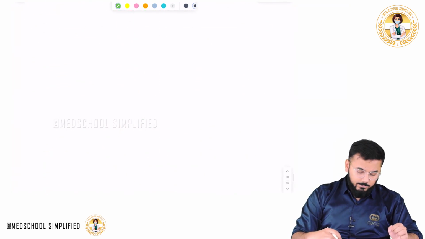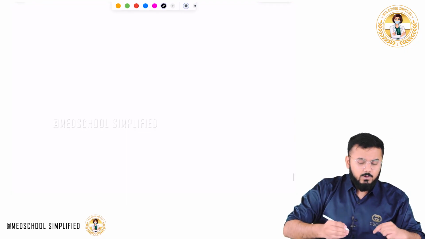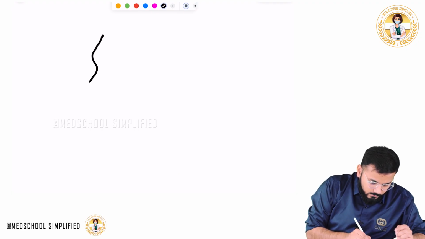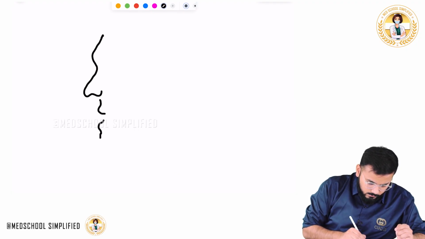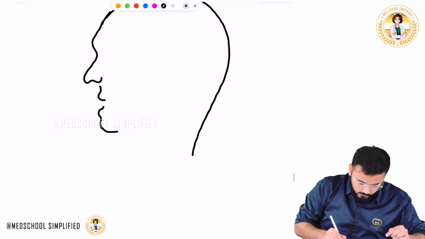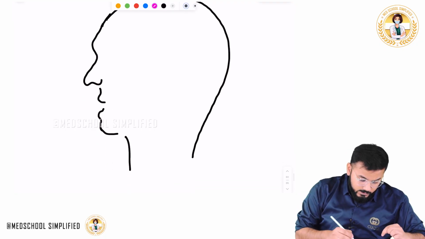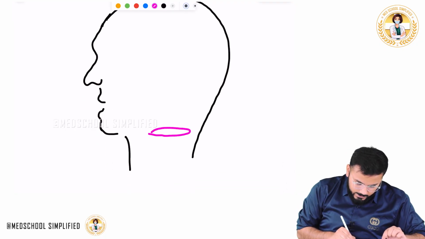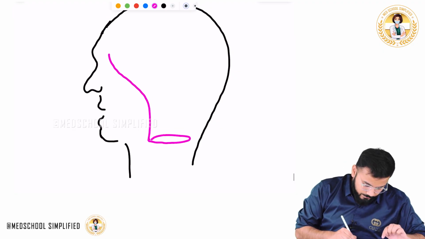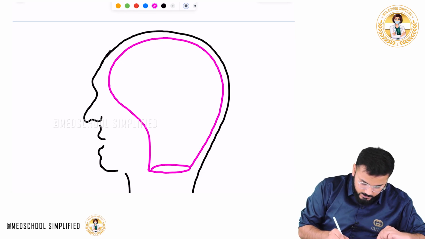So if I have to show it to you in a clear way, you can just fast forward this video if you want. Let us say this is the patient's foramen magnum. This is his skull cavity, just a rough picture, guys.